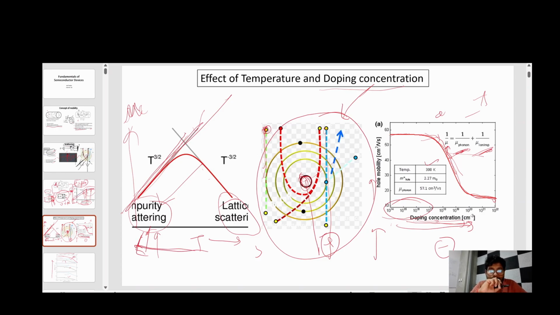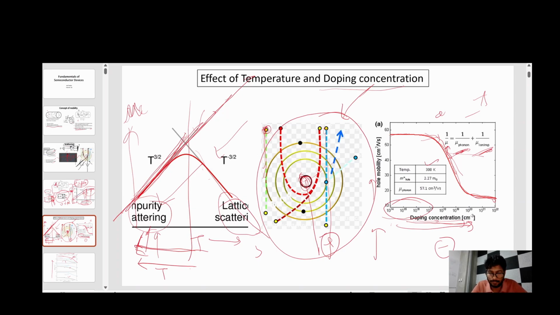On this side the temperature is decreasing and the mobility is decreasing. With increasing temperature, mobility will increase at lower temperatures. At higher temperatures, lattice scattering will dominate, and mobility starts again decreasing with increasing temperature.